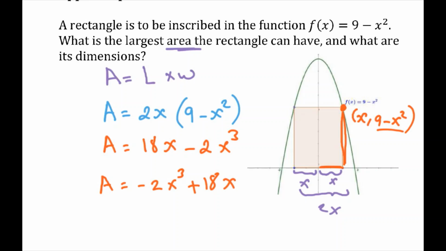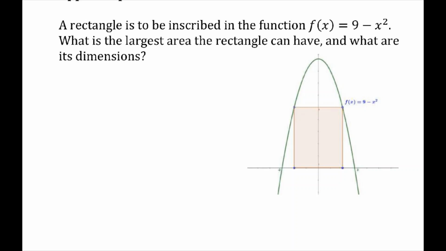Now, I found A. What do I need? I need the maximum area. In order to find the maximum area, we need to find the derivative. So, A equals negative 2x cubed plus 18x.